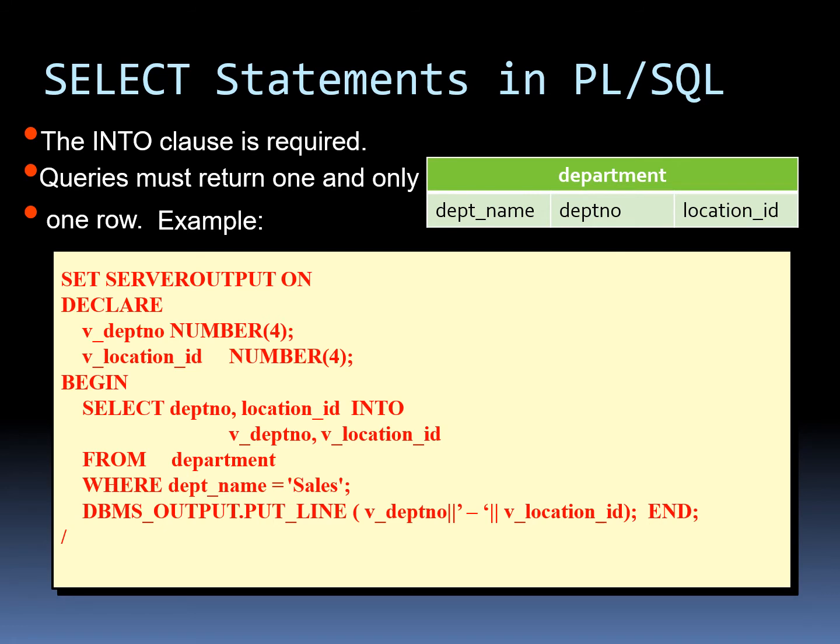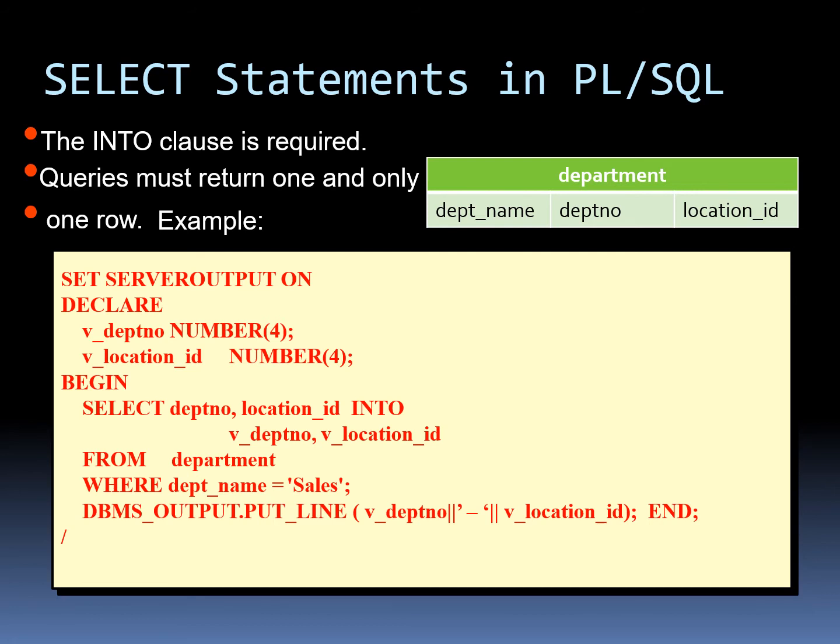So we will start writing our program. First of all we will write SET SERVEROUTPUT ON. This is a mandatory statement; every program should start with this line. Then we will declare the variables. For example, in this program we want to display the department number and location ID of a particular department.